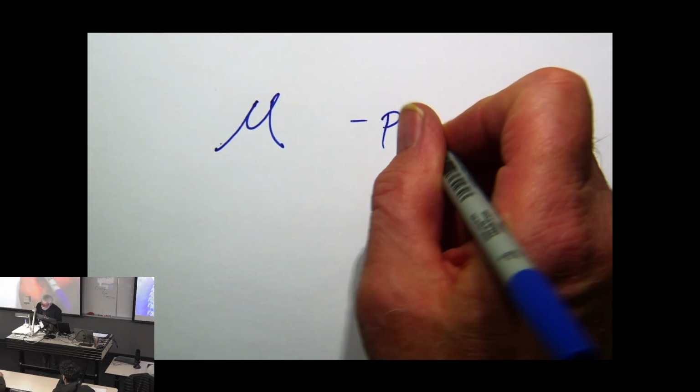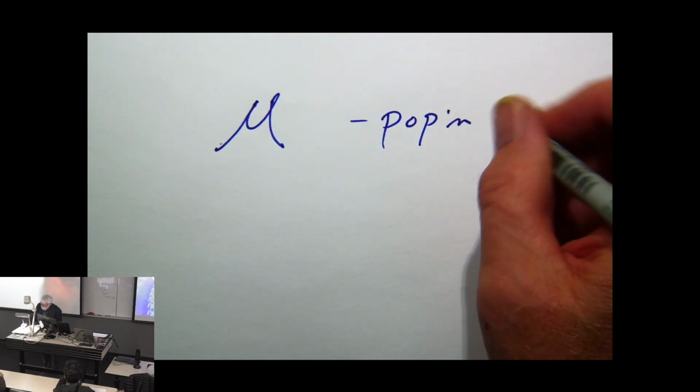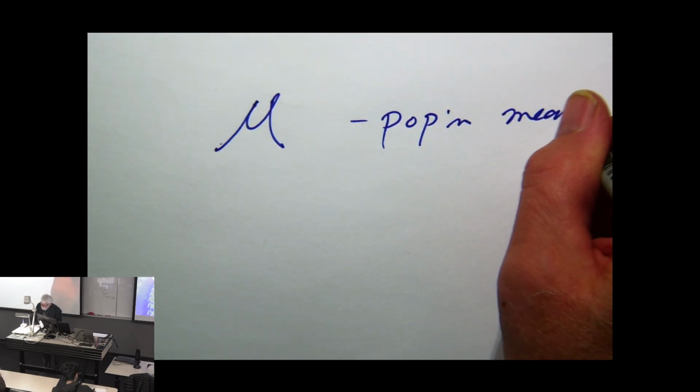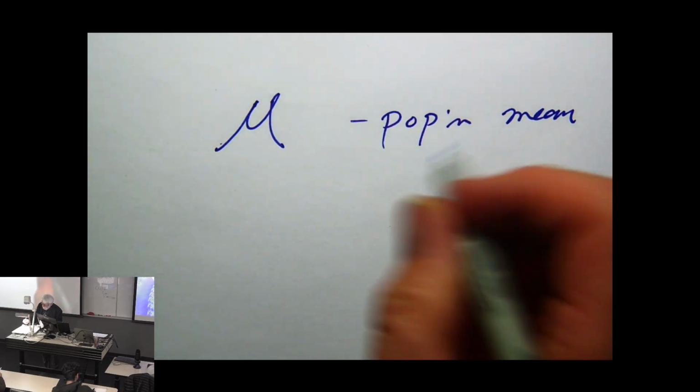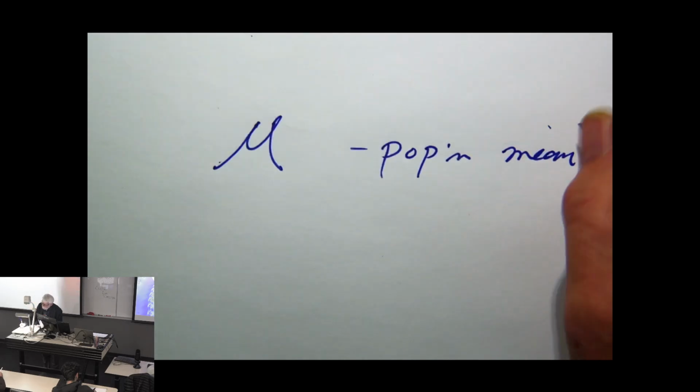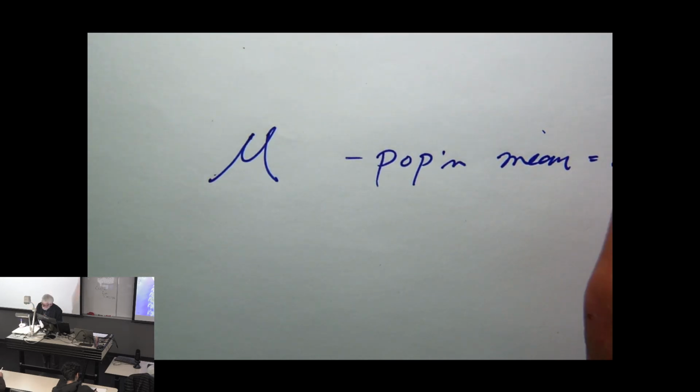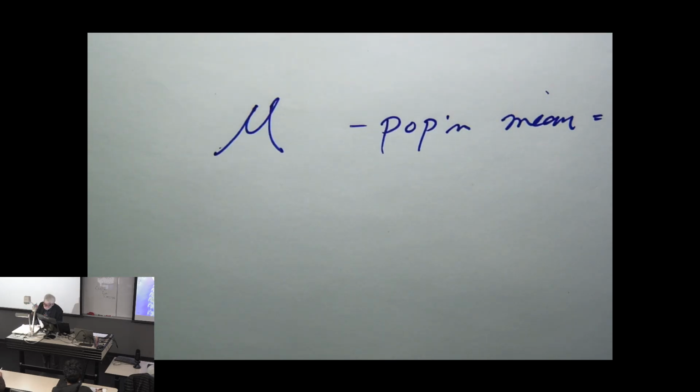There's a mu. So you'll see that all over the place when you're in statistics. This is called the population mean, and that equals the expected value of x.